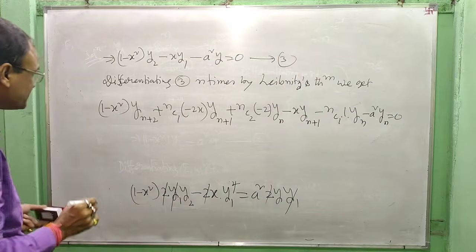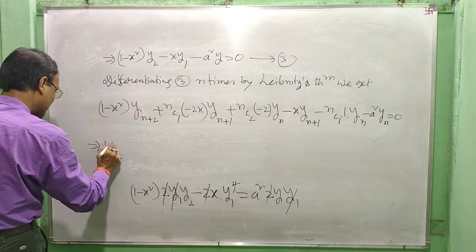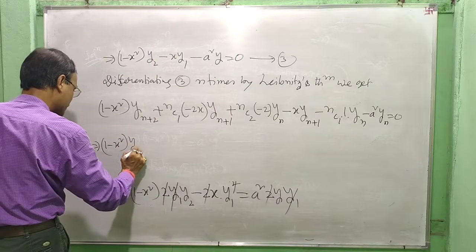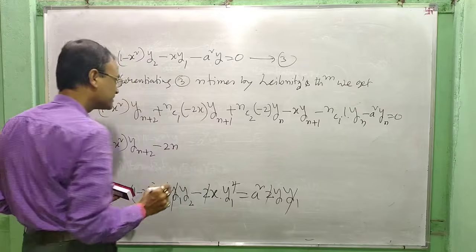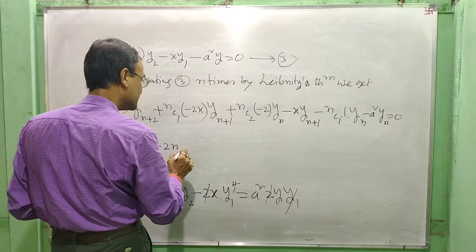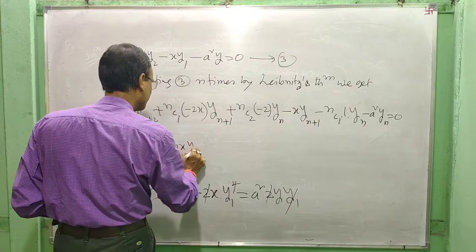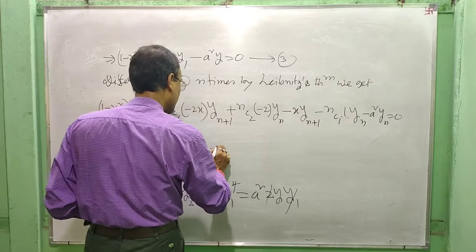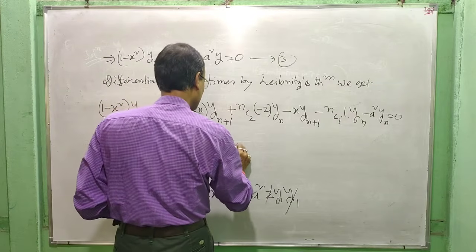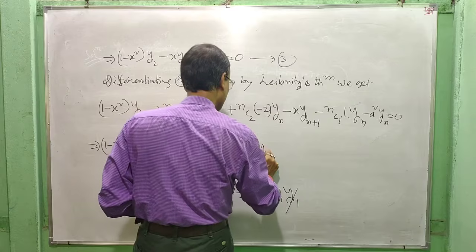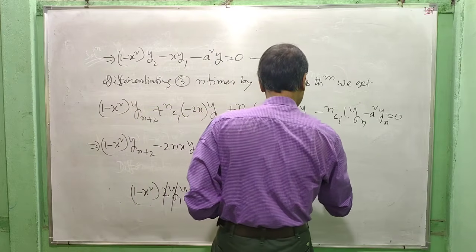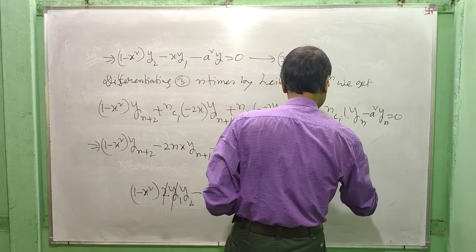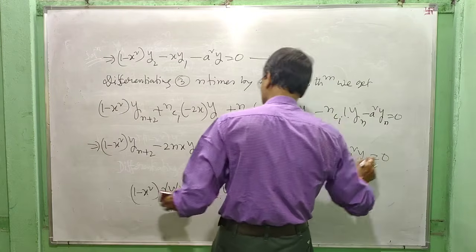This means 1 minus x square yn plus 2, minus twice n x yn plus 1, minus n into n minus 1 yn, minus x yn plus 1, minus n yn, minus a square yn is equal to 0.